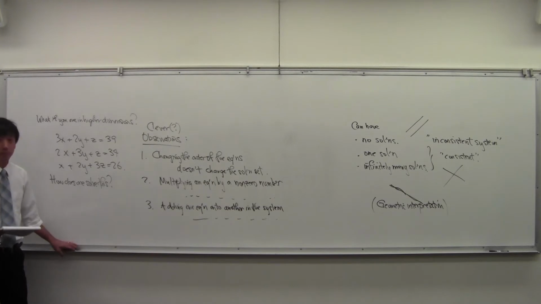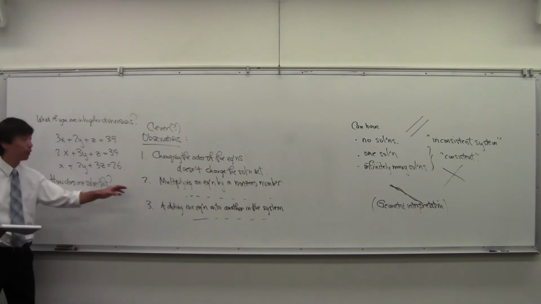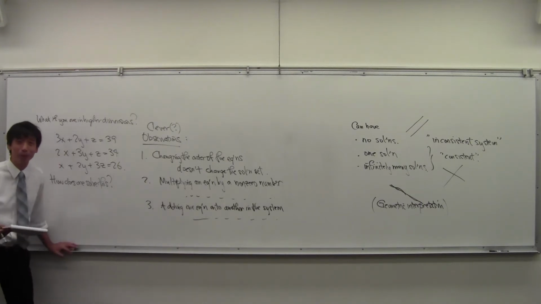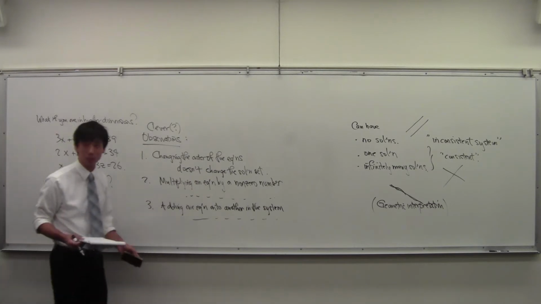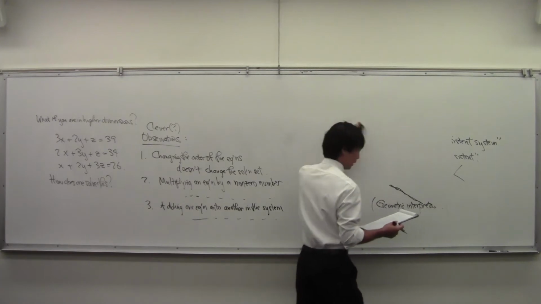Okay. So does that seem reasonable to you? That adding one equation onto another equation doesn't change the solution set? Does that make sense? Can somebody explain to me why that doesn't change the solution set?